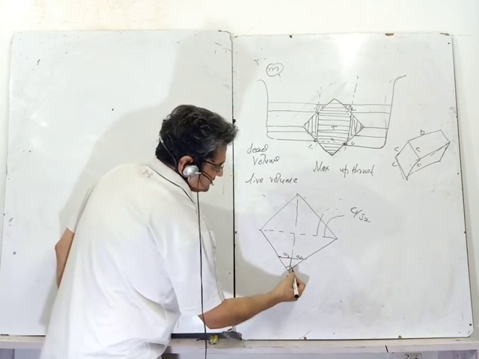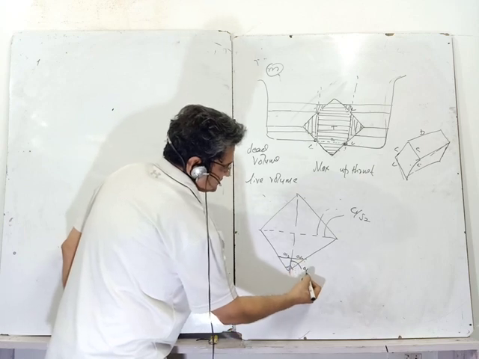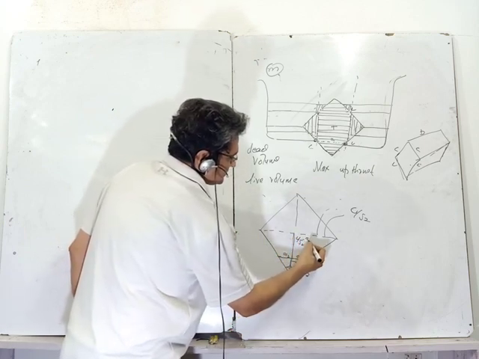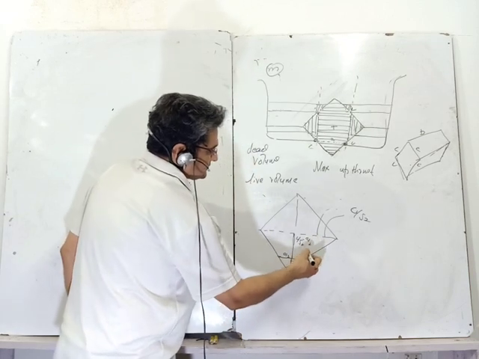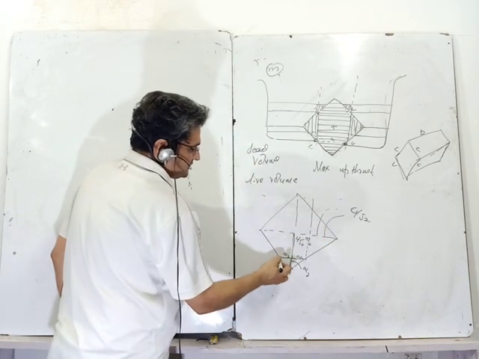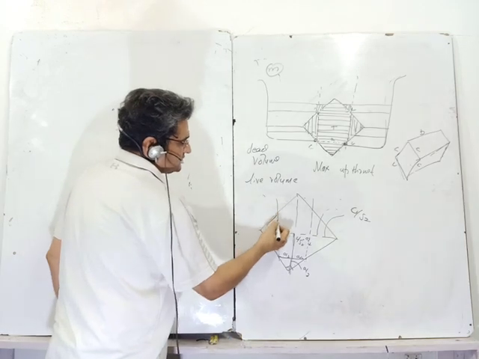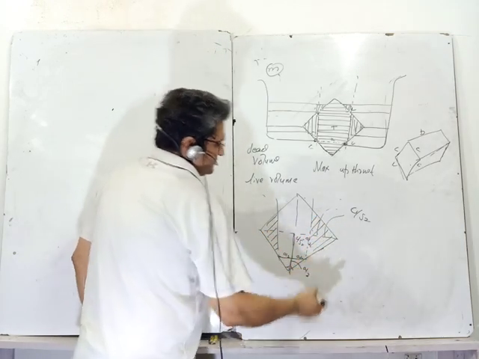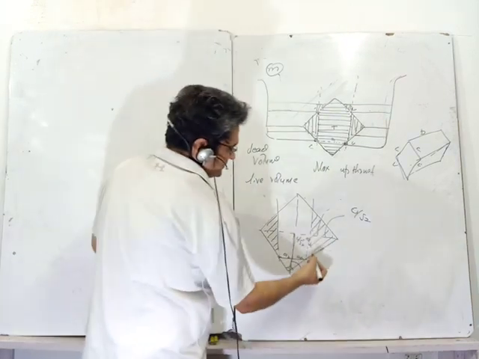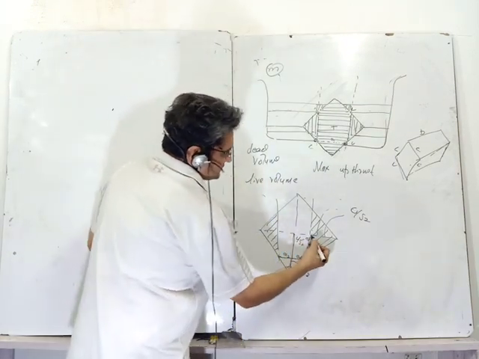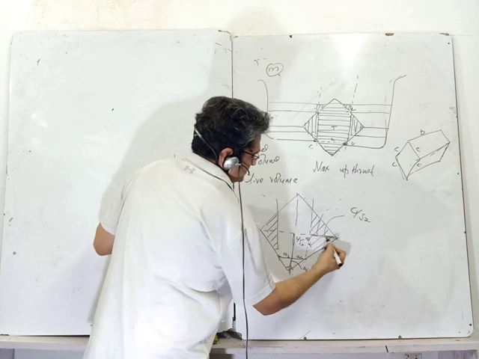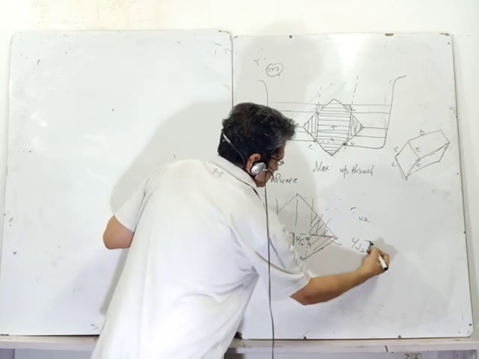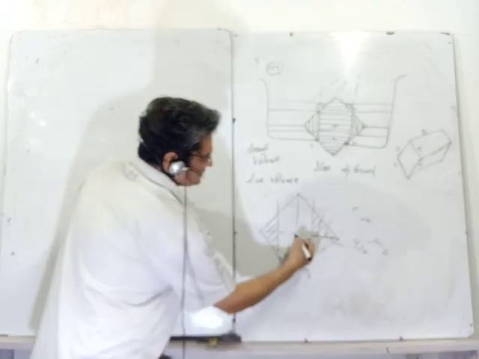Because it's 90 degrees, this is 45, this is 45, this is a by 2, so this becomes c by root 2 minus a by 2. Now just the vertical line which we have drawn in that diagram. This was the maximum live volume which I extract. What are the dimensions? Same thing here. This is again c by root 2 minus a by 2, because this is a by 2.